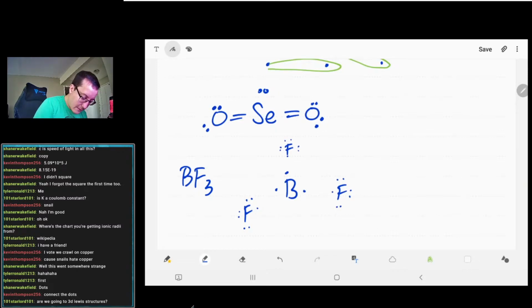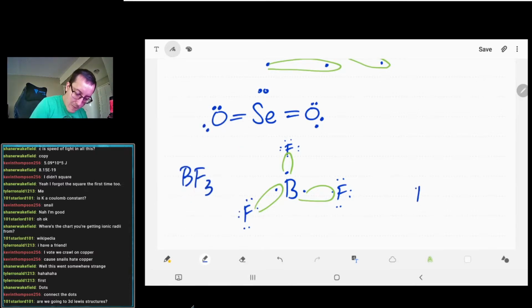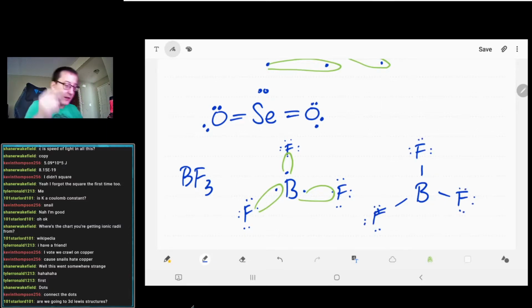Connect the dots. We get all the dots everywhere. Remember, boron is special. It only wants to have 6 electrons. It's one of our unique ones. Remember, hydrogen wants 2, beryllium wants 4, boron wants 6 to make it happy.